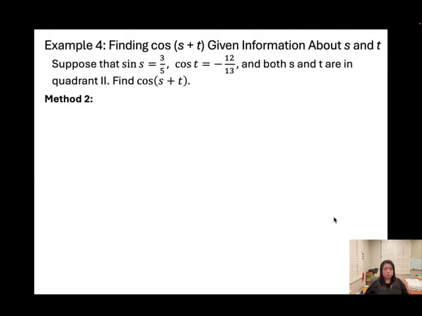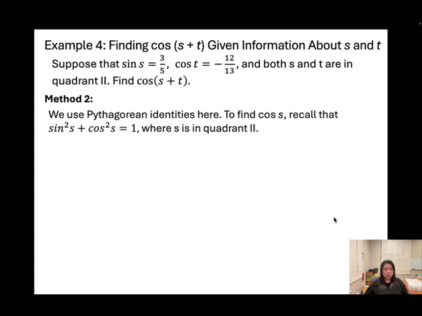Method 2. We just used method 1 to work example 4. Now we're going to redo it one more time using method 2. We're going to use the Pythagorean identities here to find cosine S. We recall that sine squared S plus cosine squared S equals 1, and S is in quadrant 2. We know sine S already, so we could plug into this identity.